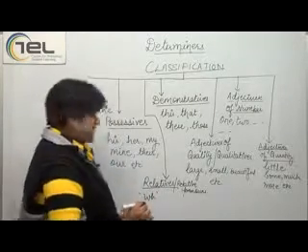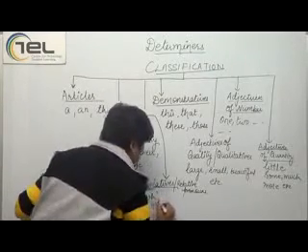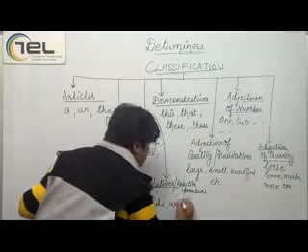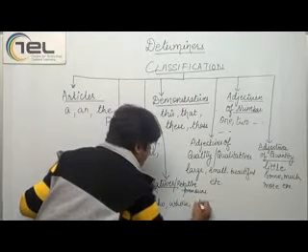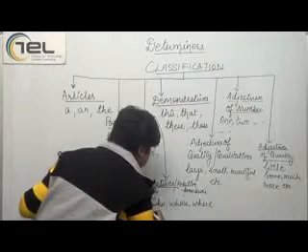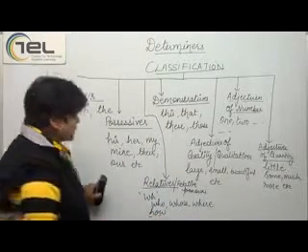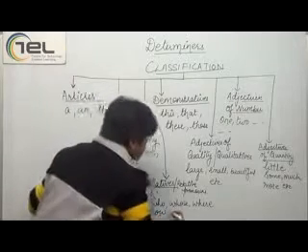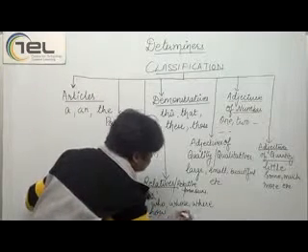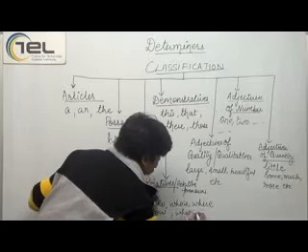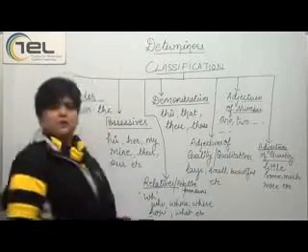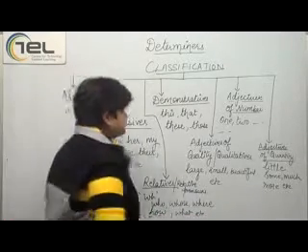WH family words means who, whose, where. Even how comes in this category, although H and W are at different places. What, etc. All WH family words come into this category.